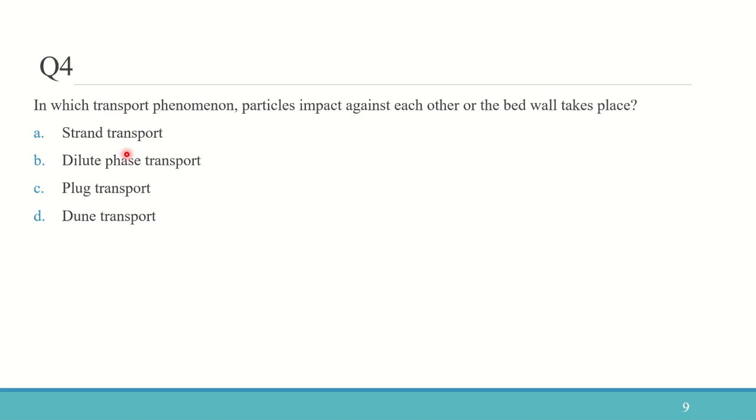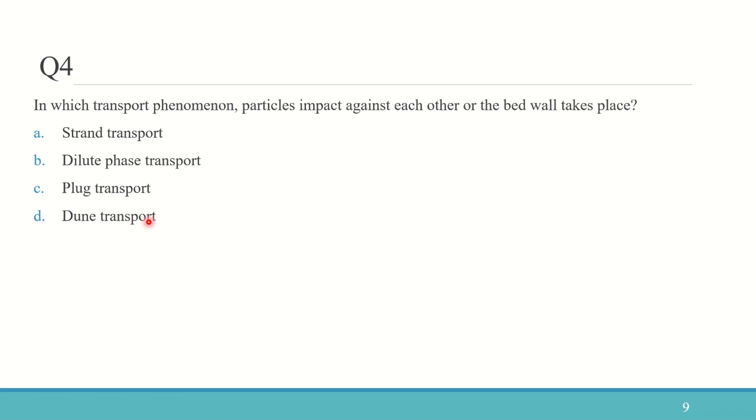Next is the dune transport, wherein the velocity is lower, and velocity is lower further, and we are able to see that plug flow or the blockage occurs at the last.